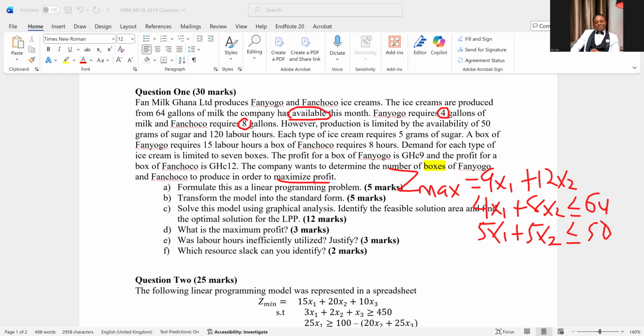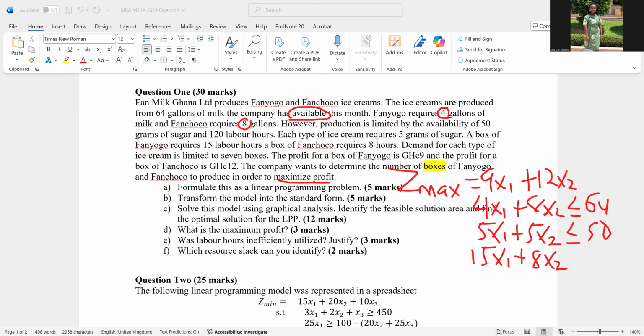Is there any other constraint? Yes, Elsie. So we have the labor constraint. What is that? It will be 15x1 plus 8x2 less than or equal to 120. Why less than or equal to?